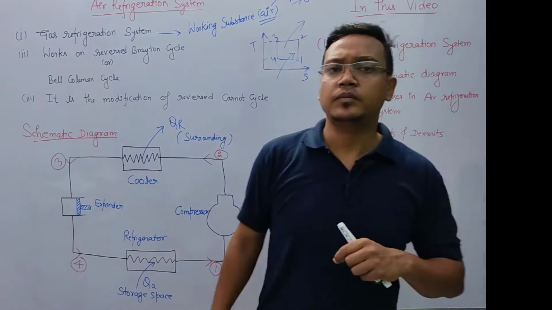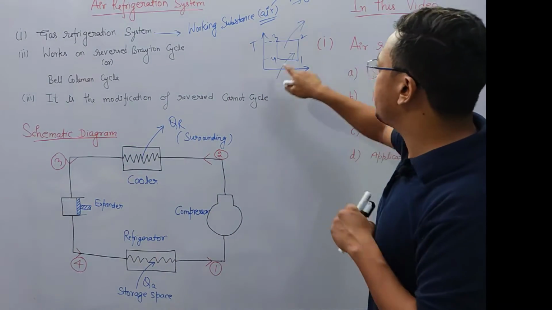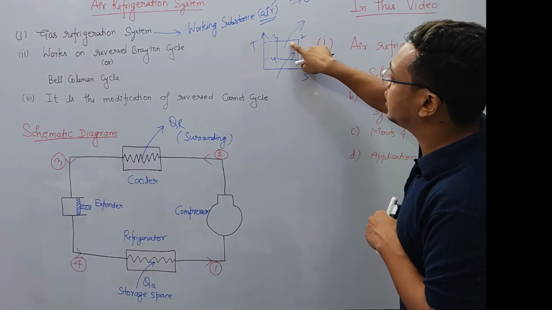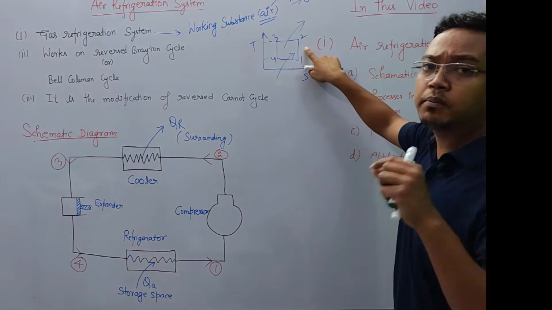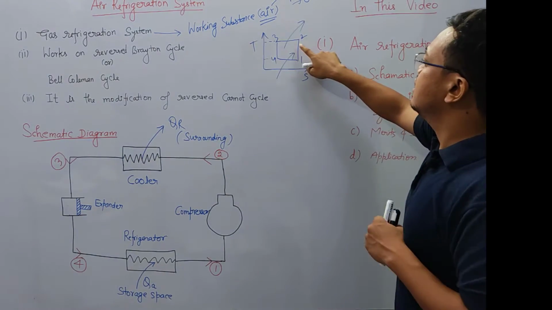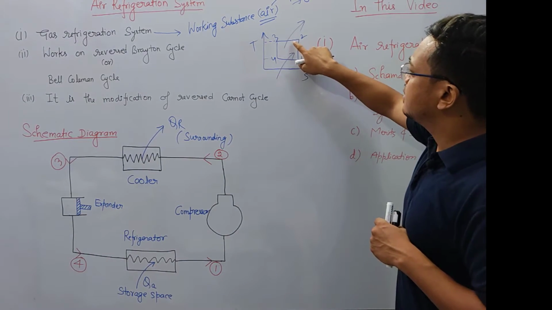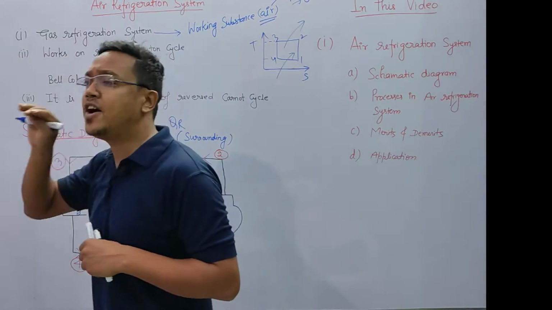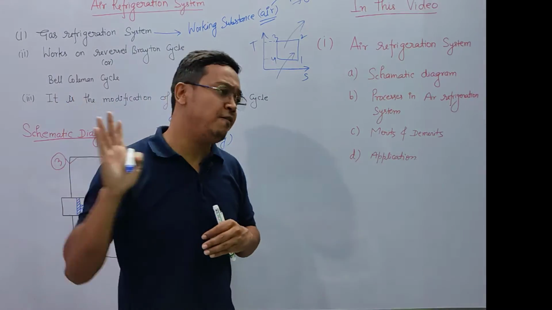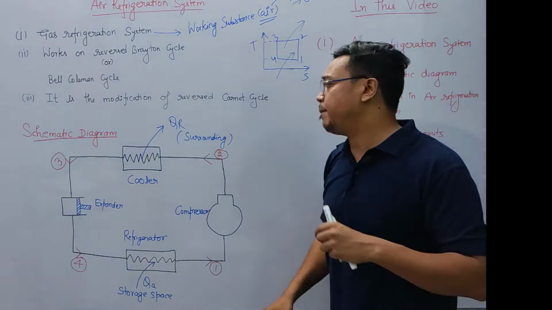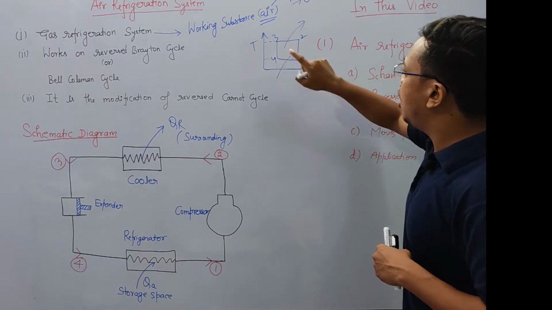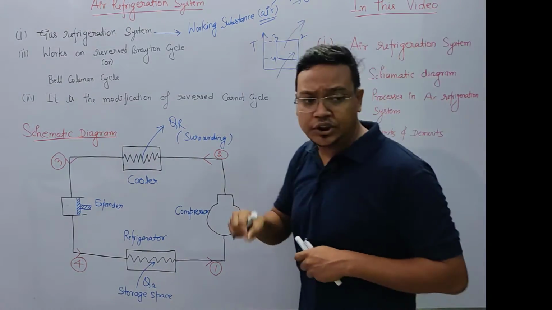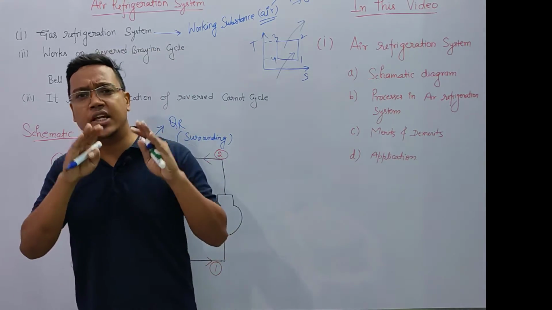Second point is that the combination of reversible adiabatic process and isothermal process is not possible. Why? Because for a reversible adiabatic process to happen, the process should be very fast. And to transfer the heat at constant temperature, the process should be very slow.